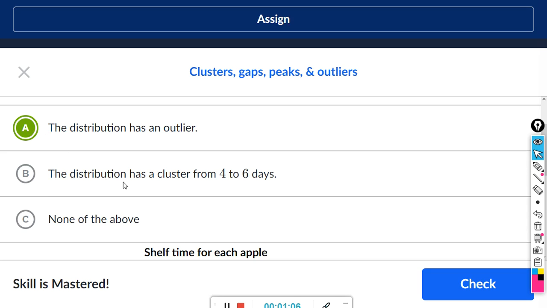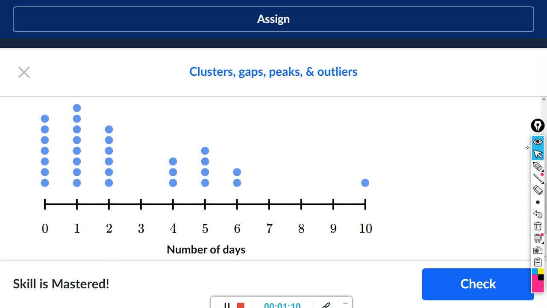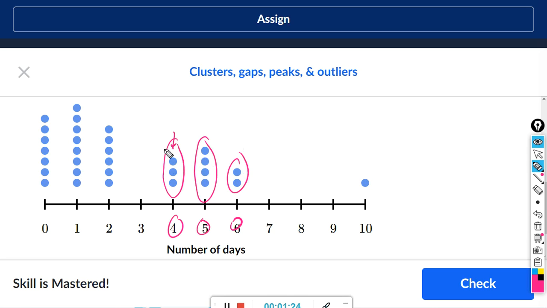Answer B, the distribution has a cluster from 4 to 6 days. A cluster is when there's no number that's skipped. In other words, there are points for the number 4, points for the number 5, and points for the number 6.